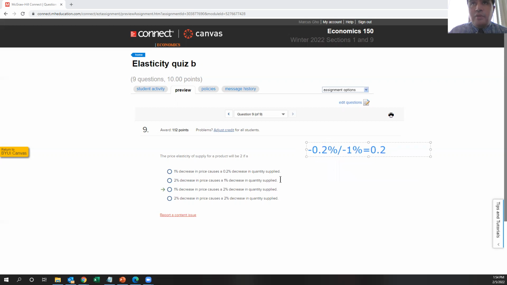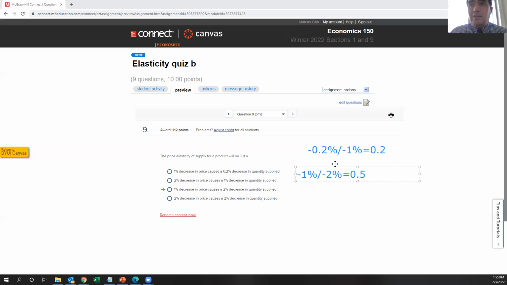Let's look at this next one right here. We're looking at a decrease of 1%, minus 1% divided by a negative 2%. And that's equal to 1/2, 0.5.